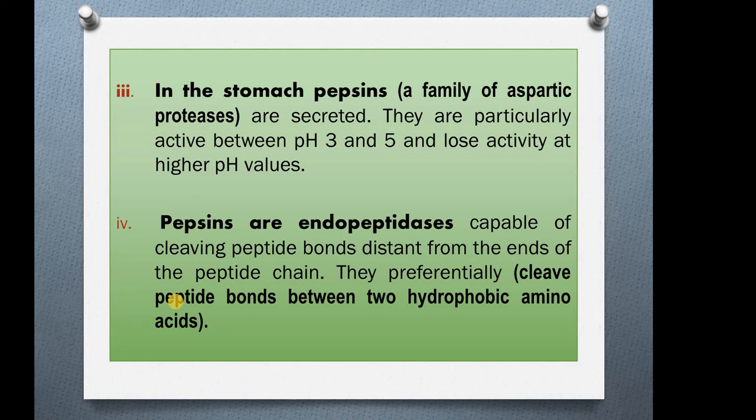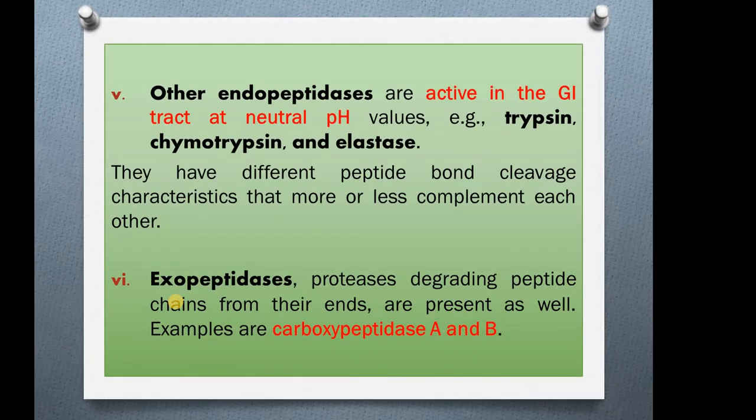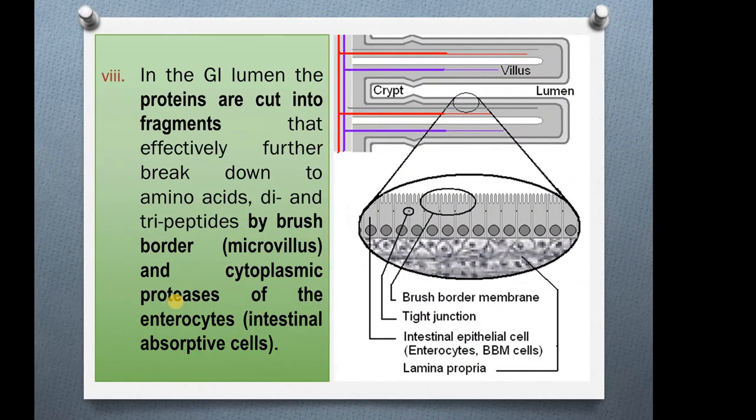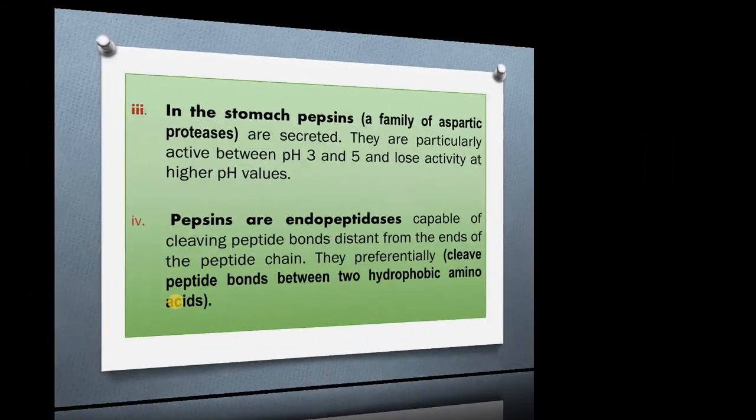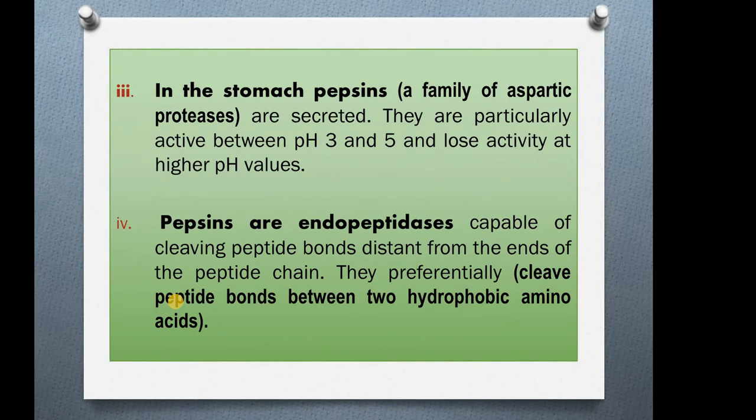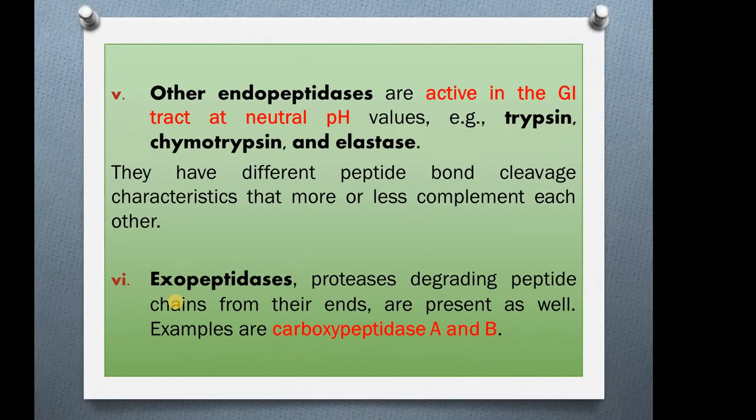This is one type. Another type of endopeptidase are active in the GI tract at neutral pH، واللي هو التريبسين، chymotrypsin and elastase. They have different peptide bond cleavage characteristics. قلنا هذه تروح على الهيدروفوبيك amino acids while this لها غير characteristic that are more or less complement each other. هذه راحت hydrophobic maybe هذه تروح hydrophilic or تروح another type.